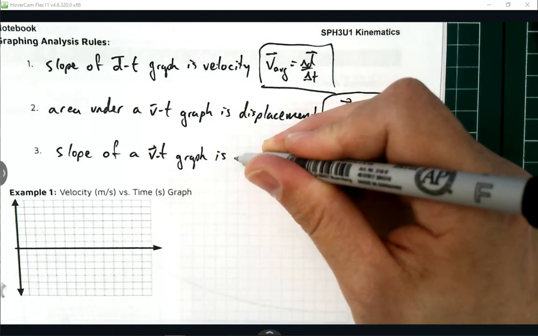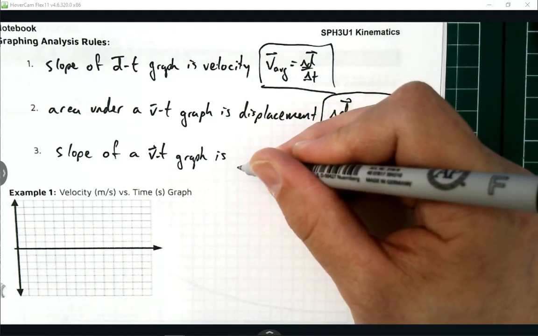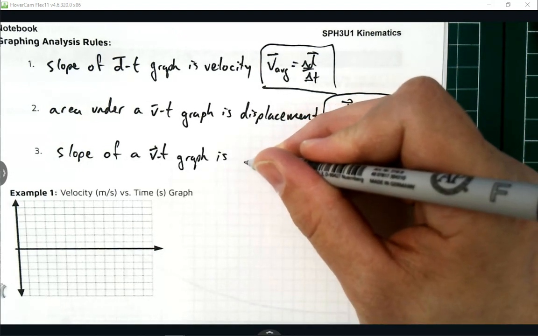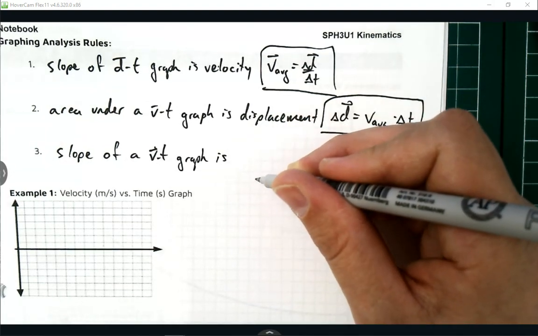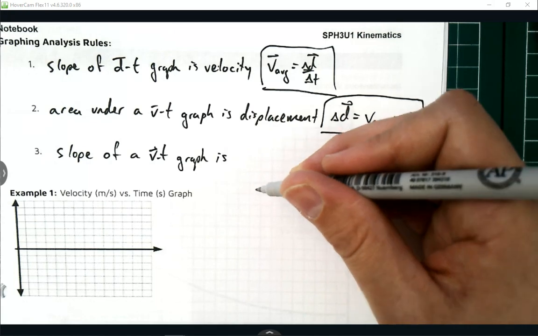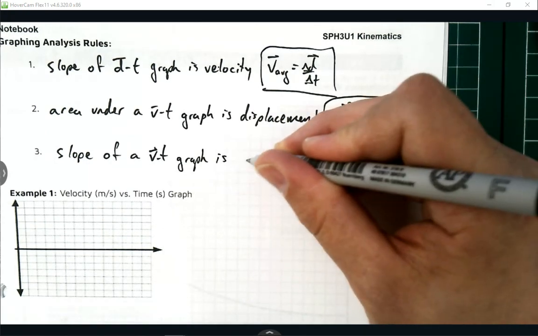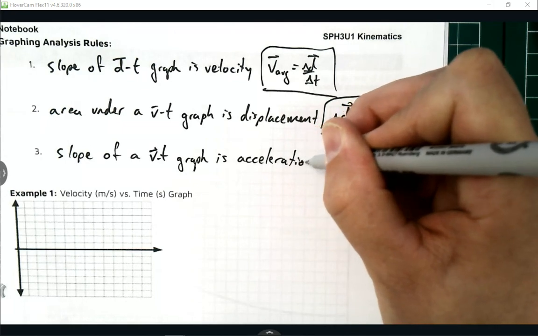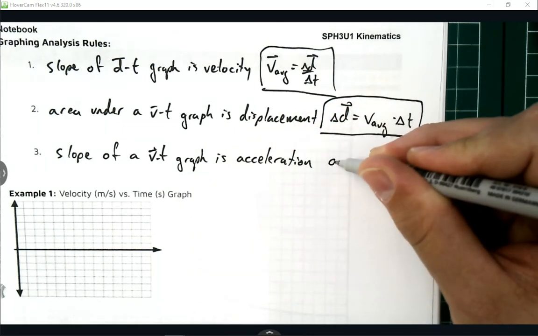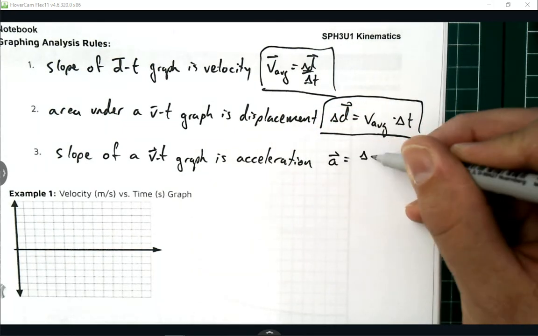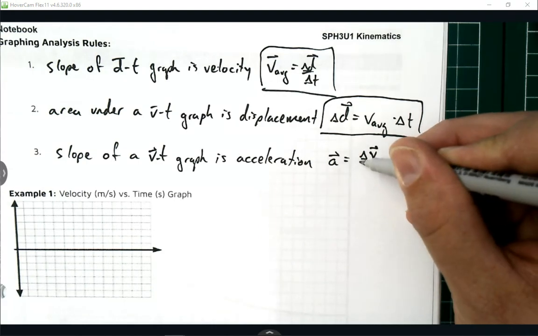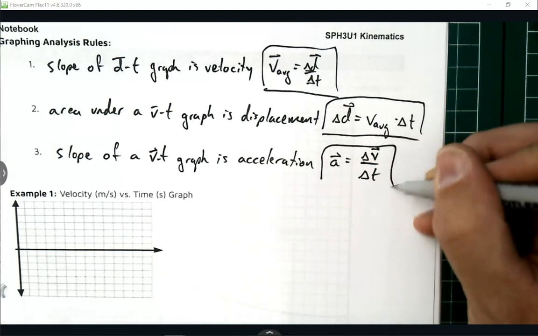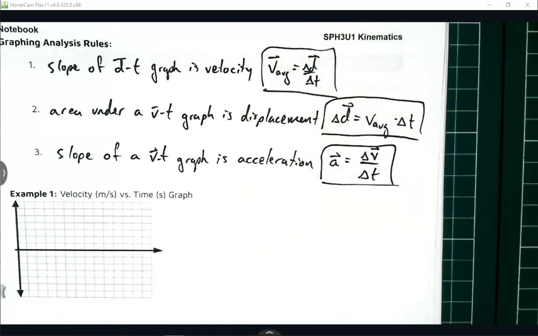But the slope of a VT graph, anybody want to guess? Yeah? Acceleration, yeah. If the rate of change of displacement or position is velocity, then the rate of change of velocity is acceleration. So we say acceleration is equal to the change in the velocity on a slanted velocity time graph divided by time.